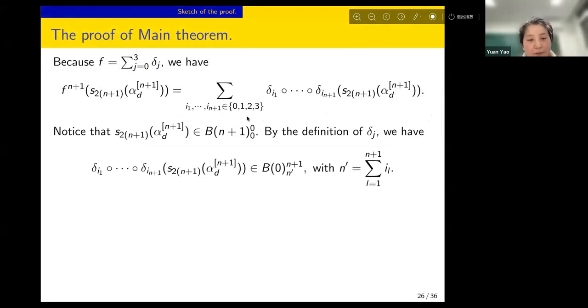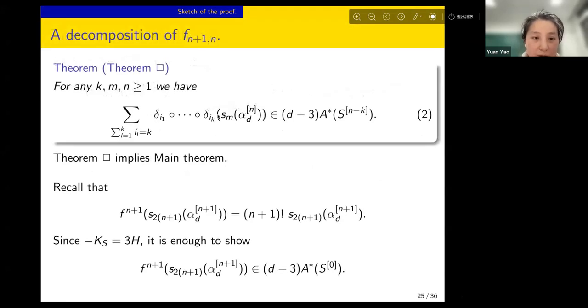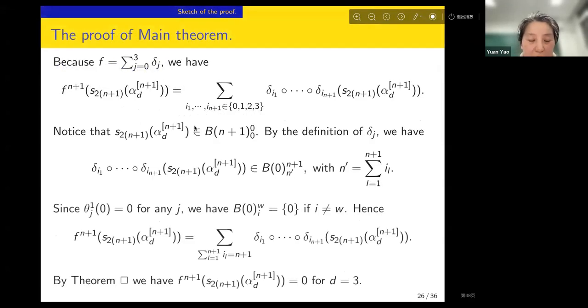That's because once you have these lower numbers, not equal to the numbers of all this delta, then either you get something empty, or you get something containing theta up 1. So you have a theta up 1.